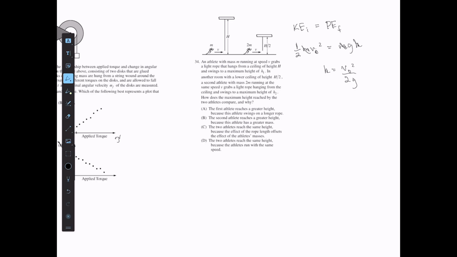In this one, its mass is m and velocity is v. In this one, the mass is doubled, but the velocity is kept the same. So the max height doesn't depend on the mass. It only depends on the velocity and the acceleration due to gravity. Since their velocities are the same, they reach the same height. And the length of the rope doesn't matter.